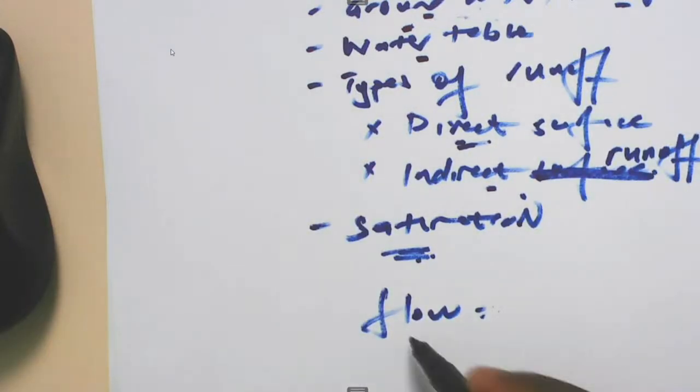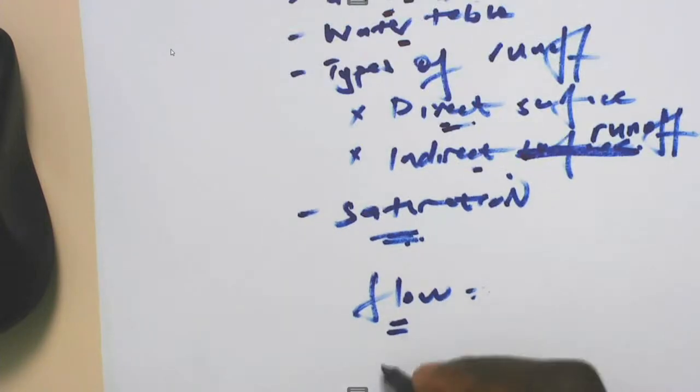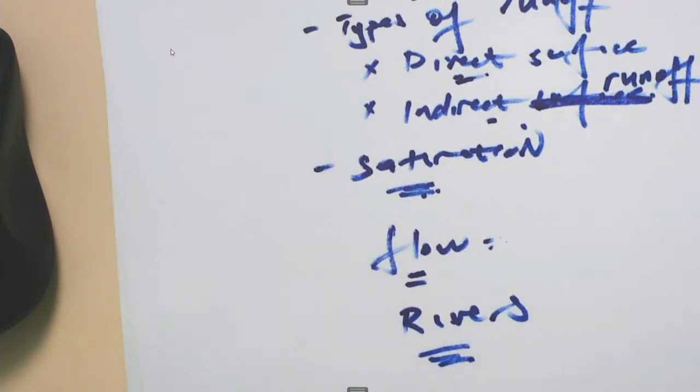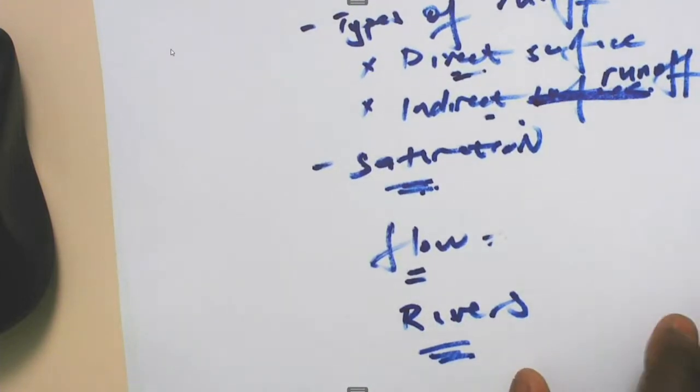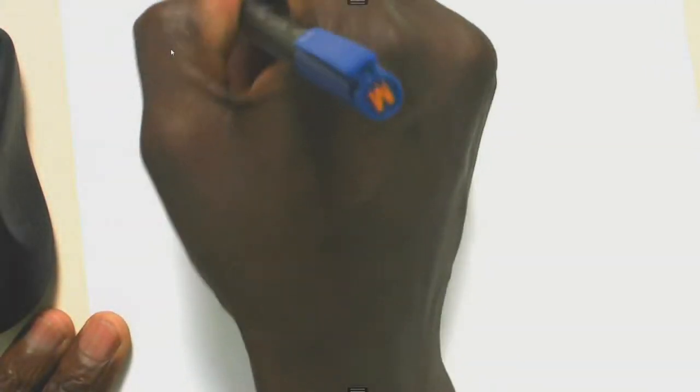Immediately when that water flows on top of the land surface, it forms rivers. Then we'll go to the types of rivers that we all know. We have different types of rivers.